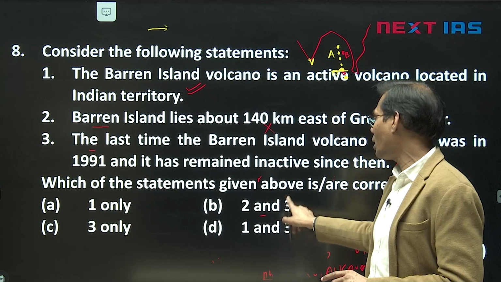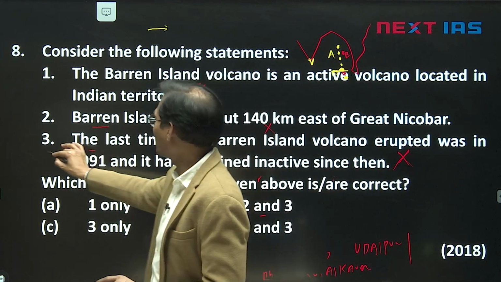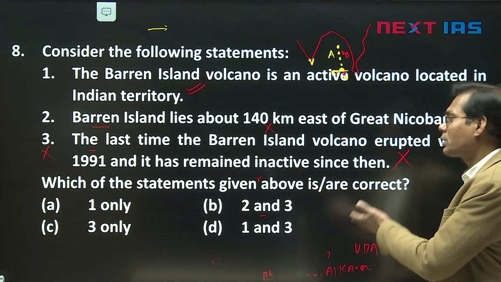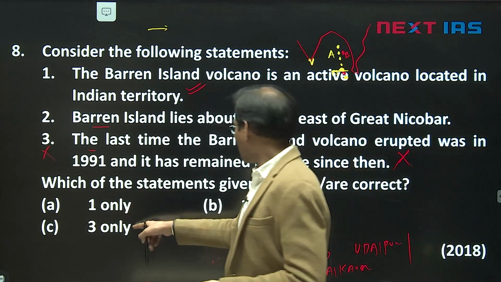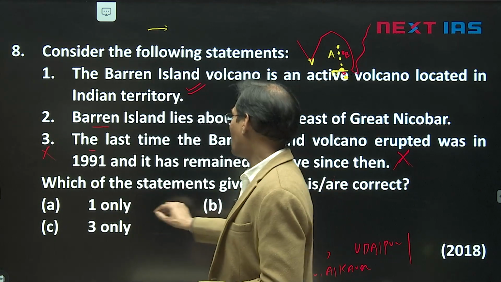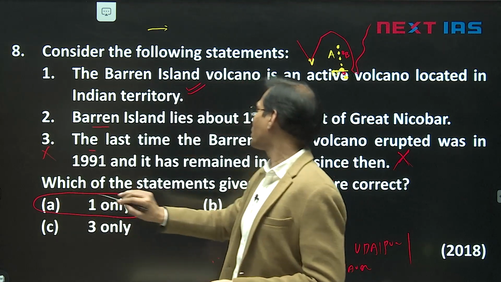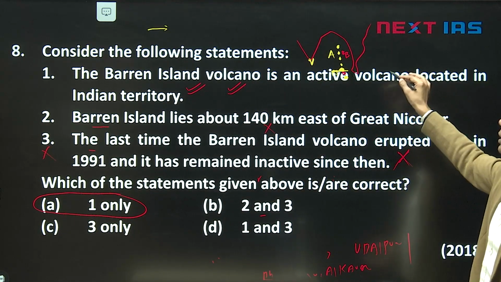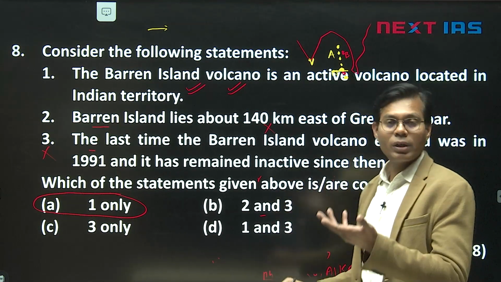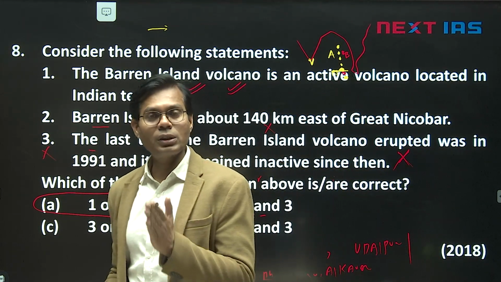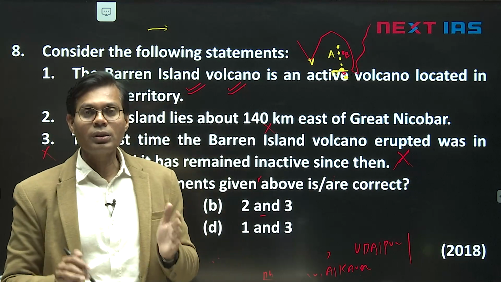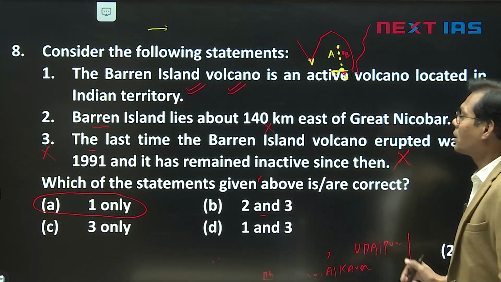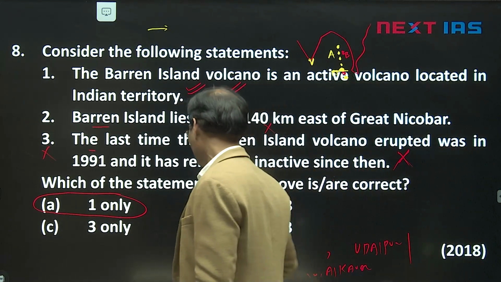Many times eruptions have occurred, even in current affairs, so the third is available everywhere. Only option A has the first one alone, and we are aware it is the only active volcano right now in Indian territory. So we don't need the second to know. Sometimes a little bit of skill is also good, and if we apply logic, we can get the right answer. So A is the right option here.